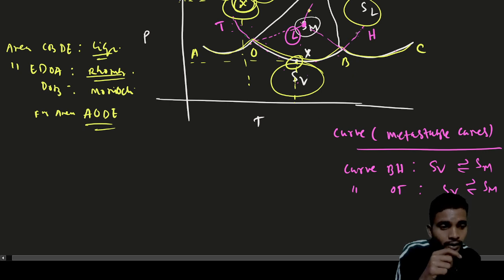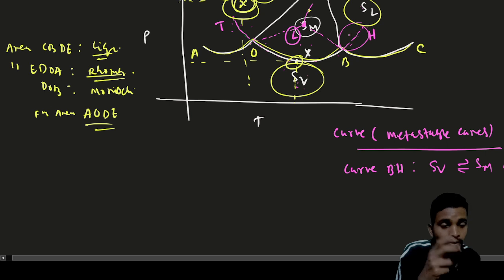Okay, because these curves I get whenever I extend this. So this BH is not equal to, let's say, SL by SB, because this curve I get by extending this one. So this curve BH is SB by SM. This is right.